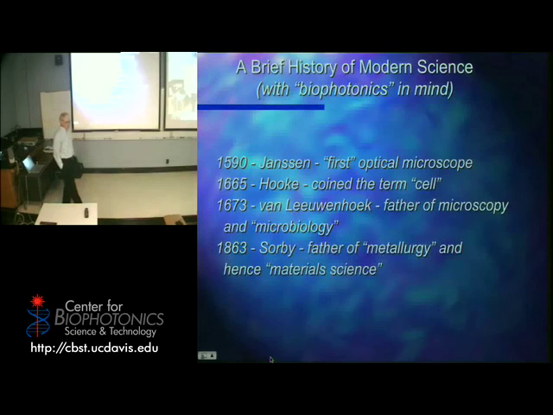As much as any, the Janssen family, father and son team of spectacle makers, glass makers, back in the late 16th century, were credited with the first optical microscope. Eyeglasses were known.